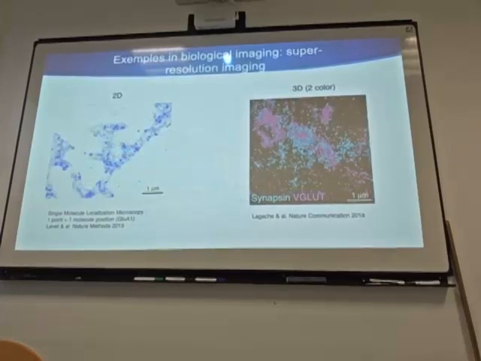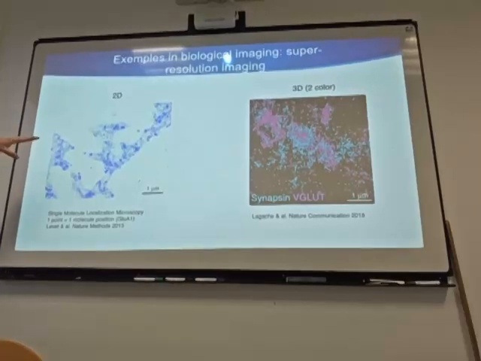The other one is, and this is why this type of method becomes more and more popular, because in fluorescence imaging now people have developed super resolution imaging where you can extract the position of individual molecules in 2D or 3D. And so here, molecules really appear as points because they are described through their position.